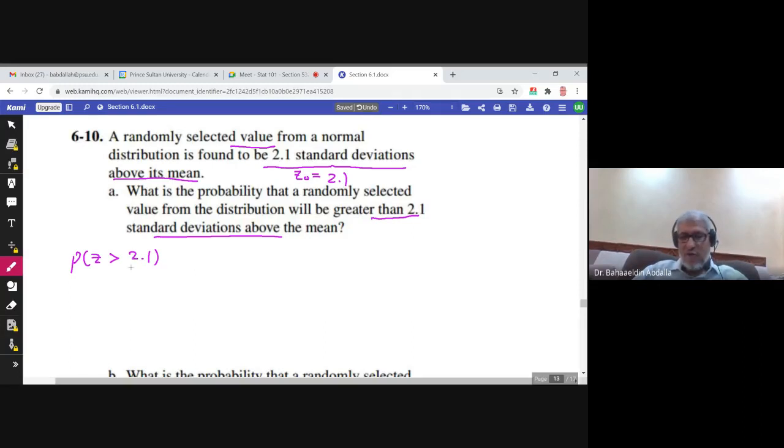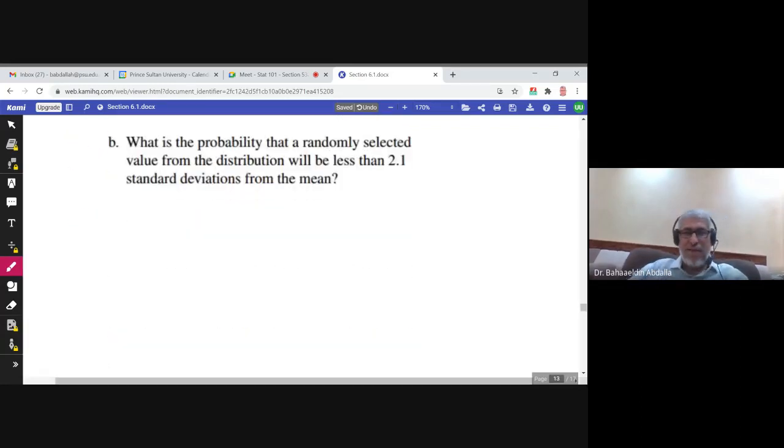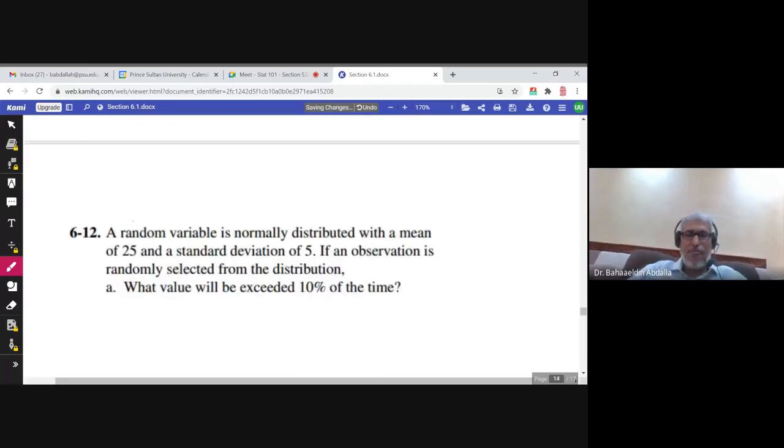So Z0 is 2.1, and he's just asking about the probability that Z is greater than 2.1, and this is easily found from the table. What is the probability that a randomly selected value from the distribution will be less than 2.1 standard deviations from the mean? So this is what we need to find.